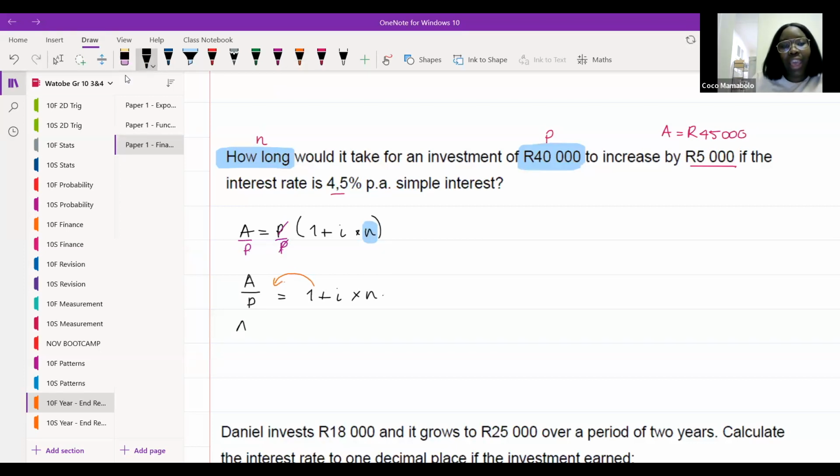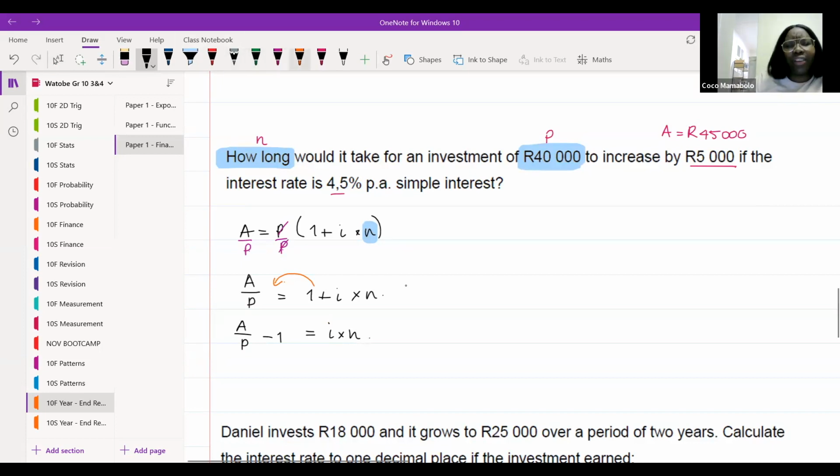So we're going to have A over P minus 1 is equal to I times N. I want N on its own. What's my next move? Divide by I.